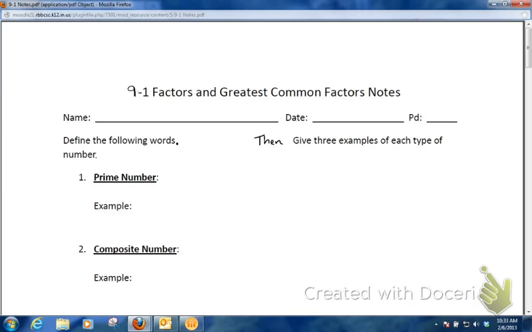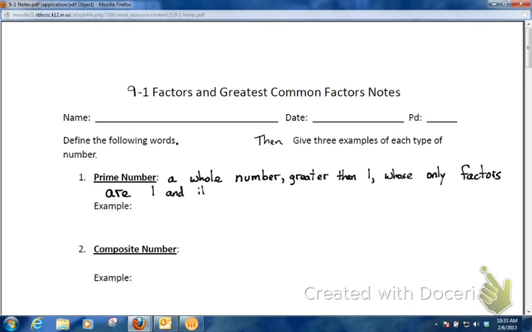So we're going to start out here with just some definitions. The definition of a prime number is a whole number greater than 1 whose only factors are 1 and itself.